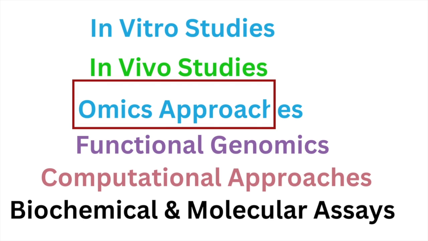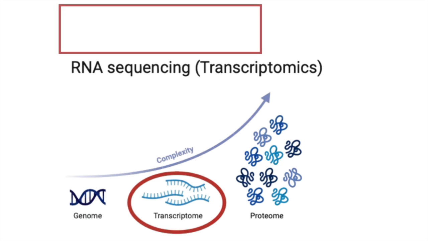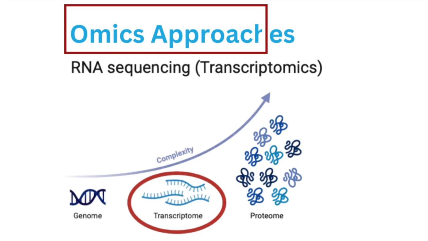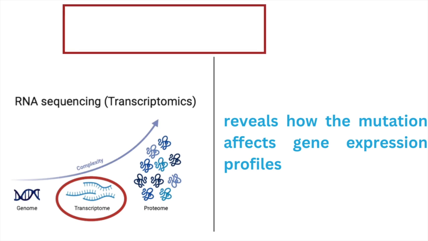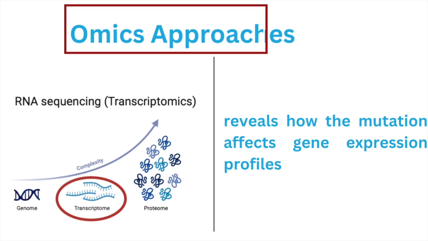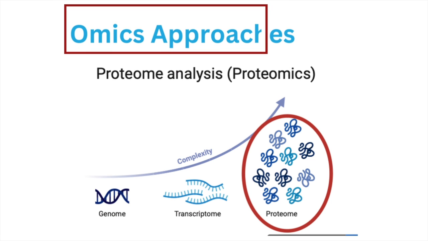The sixth approach that may be used to validate a mutated gene includes the omics approaches. And here, with transcriptomics falling under this category, you may use RNA sequencing, which can reveal how the mutation affects gene expression profiles. Or you may use proteomics.